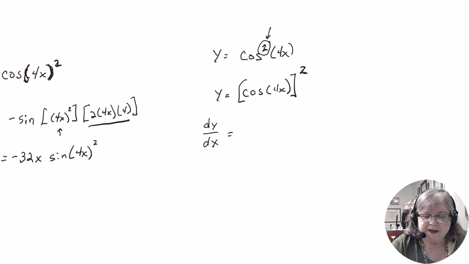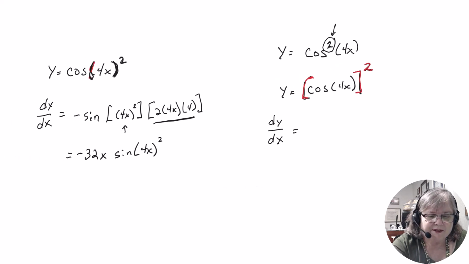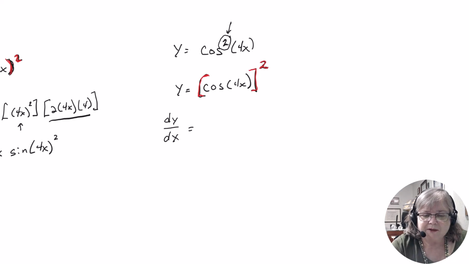Now, this outside is the power. The original outside is the cosine, then this was the outside once you looped back in. So this is a power to start with.